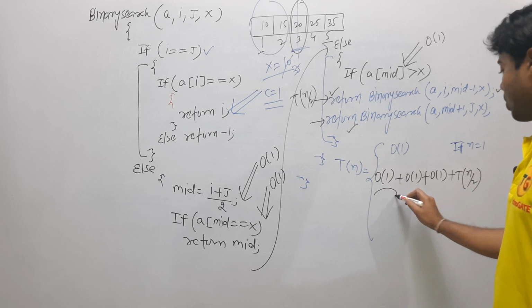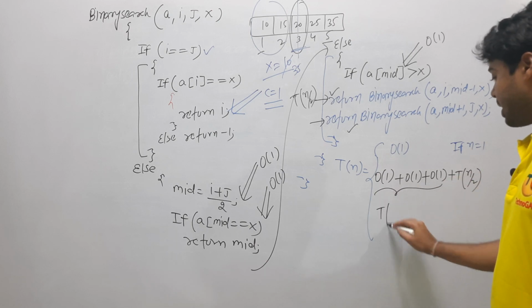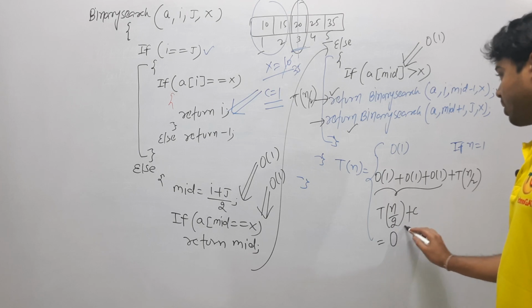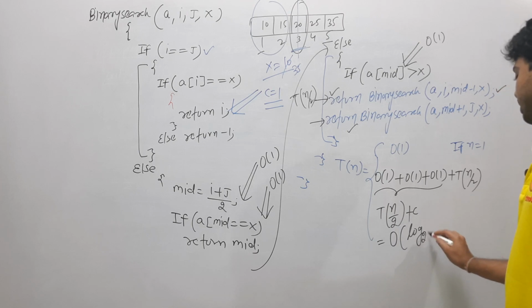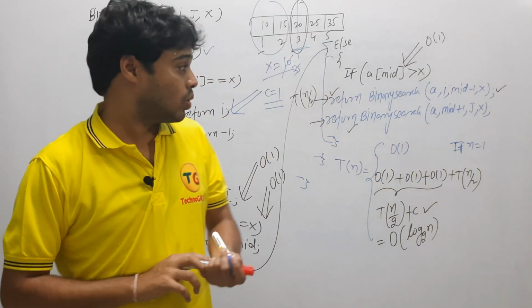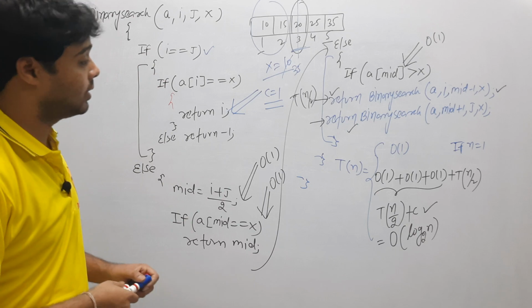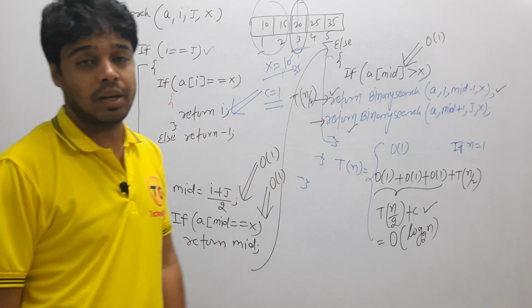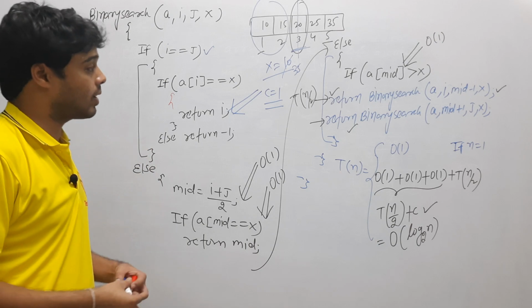So it's T(n) = T(n/2) + c, which is order of log n. We already saw this recurrence relation in the previous part. So the time complexity of binary search is log n. Clear for everyone?